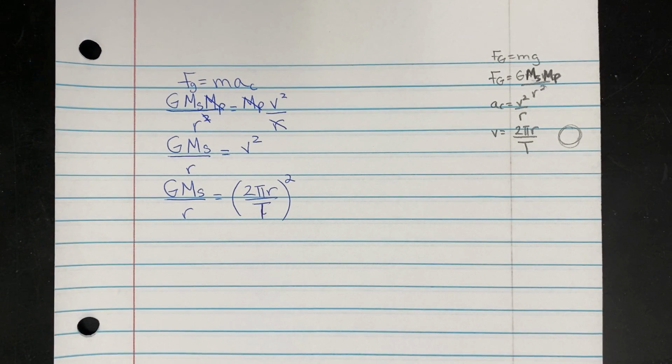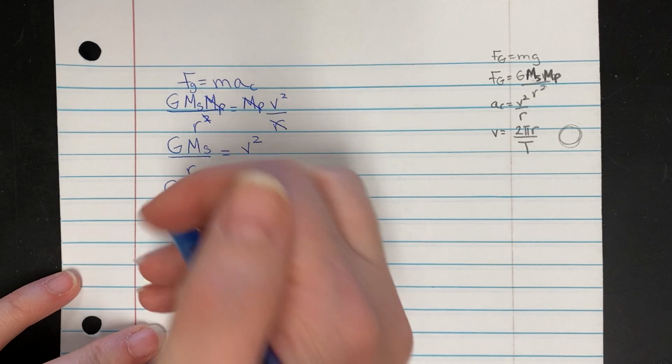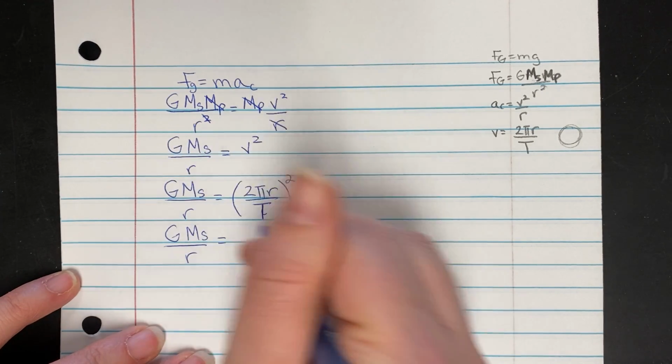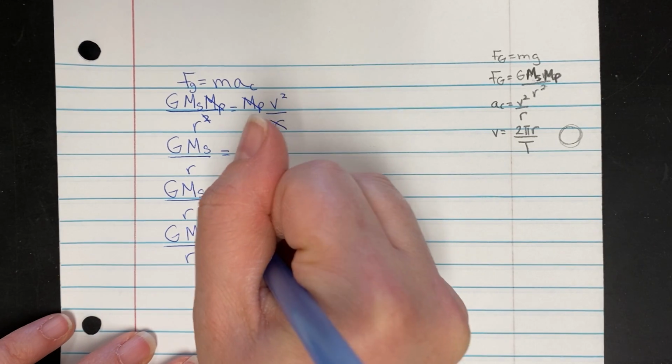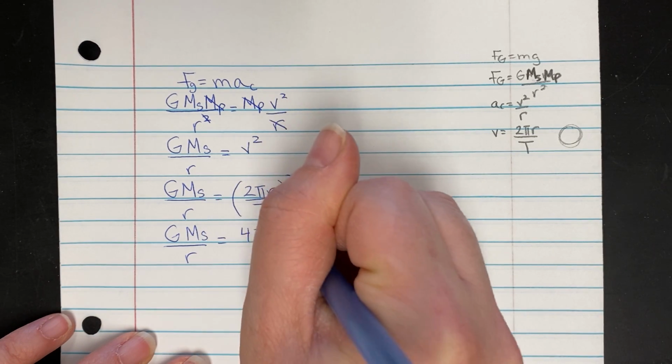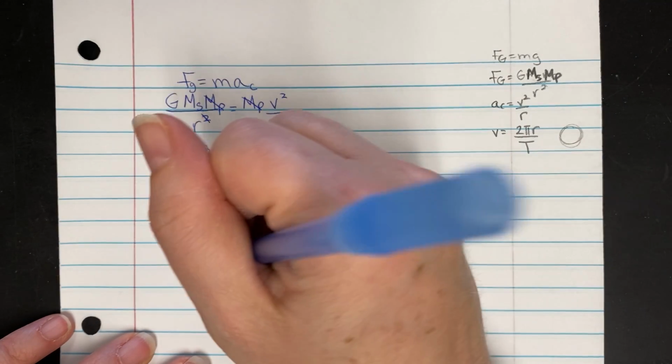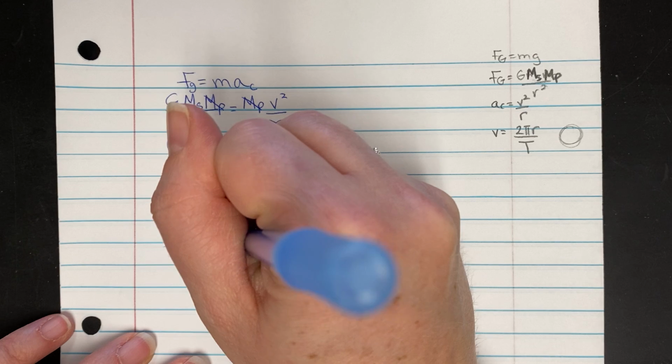Now let's do some math here, because from here, we're going to solve for T. I'm going to go ahead and square this out. So this is going to give me 4 pi squared r squared over T squared. And again, I said we're going to want to solve for T.